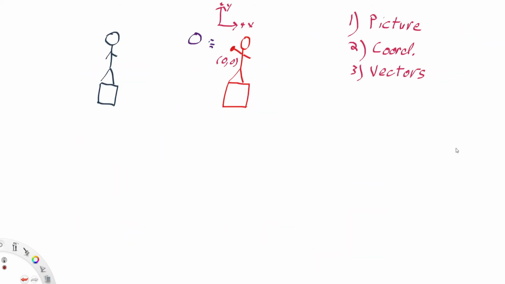So going back to our baseball problem, there are some things that are vectors that we might need to consider here. In this first section, we're going to talk about what's called kinematics, which is just how things move. Nothing about why, that'll be next week. But for now, just what kind of movements do objects make?